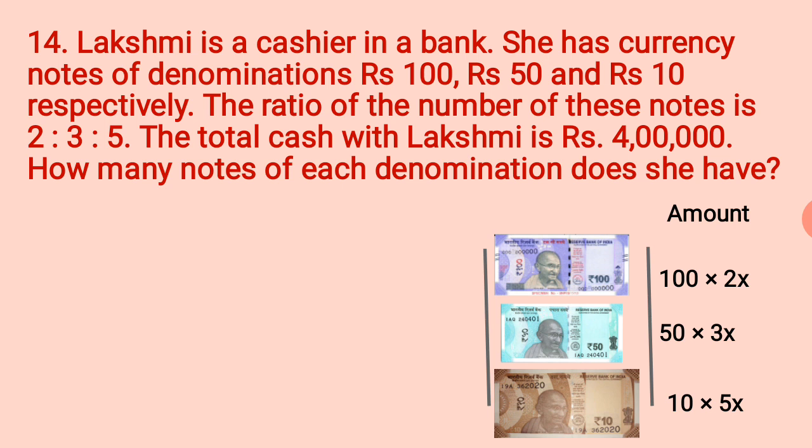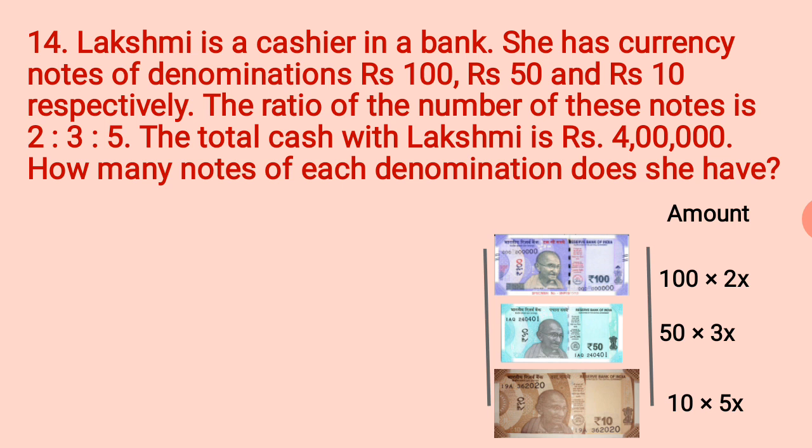She has multiples of this. She has 4 lakh rupees with her. So obviously the number of notes will be multiples of 2, 3 and 5. We are supposed to find out the actual number of notes which she has of each denomination.